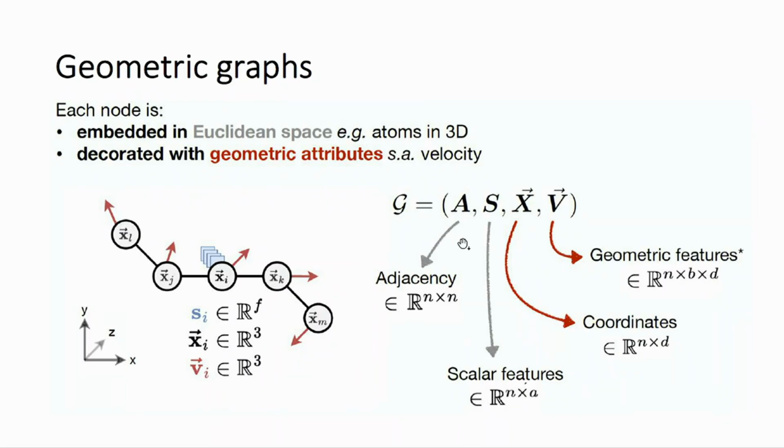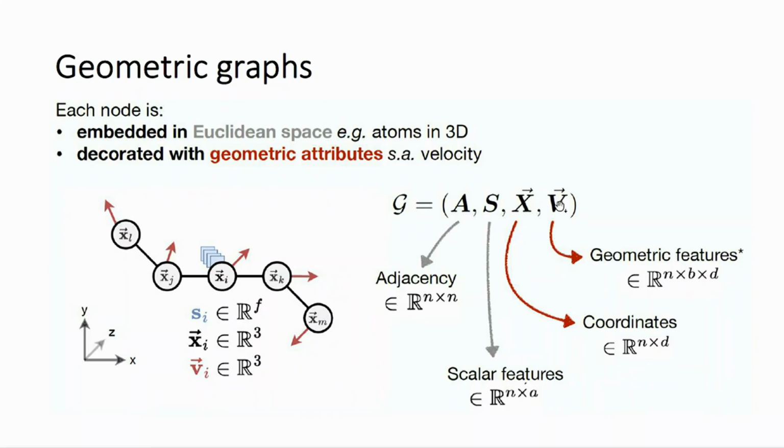In a normal graph, we only have an adjacency matrix, sometimes some edge features, and node features, and we always treat them as scalar features, so you can do any operation on the scalar features and still get a scalar output. Alternatively, in a geometric graph, we divide our node features into 3 types. The scalar features are the same, so they can be high dimensional, but they are treated as if they were scalars. There are coordinates, which are usually denoted by x or sometimes p.